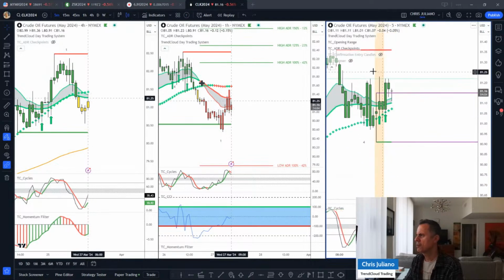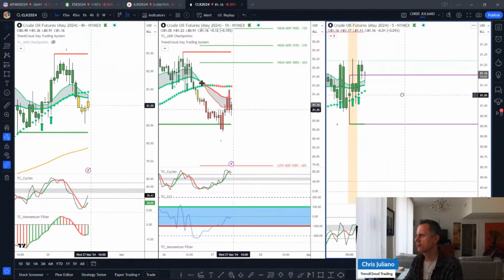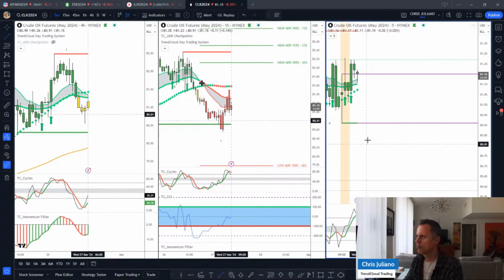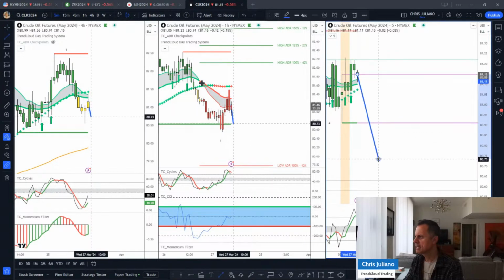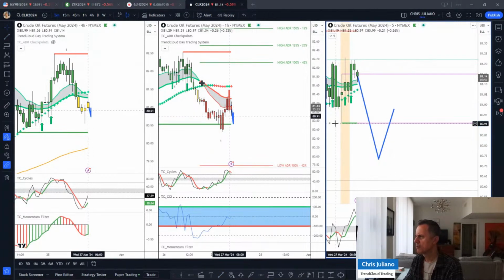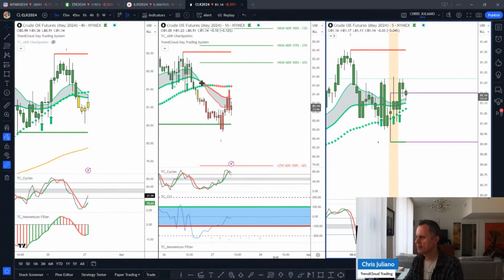Okay, so in this scenario, the conservative entry would be the retest of the opening range. Or if you want to be aggressive, take the break, take the breakout of the opening range.